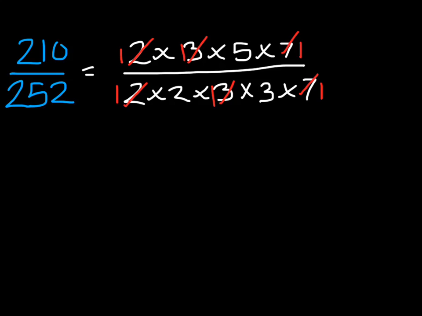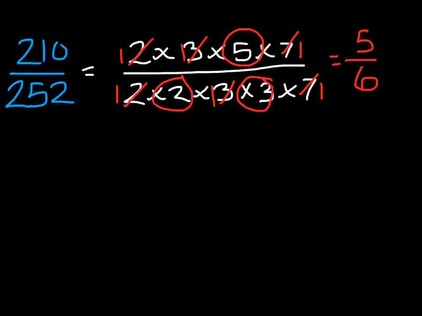And these essentially go away because look, I've got 1 times 1 times 5 times 1, which is essentially just 5. And on the bottom I have 1 times 2 times 1 times 3 times 1, which is essentially just 2 times 3, that's 6. Those are the factors that are left over.